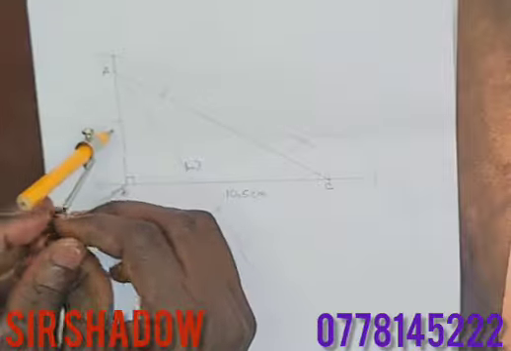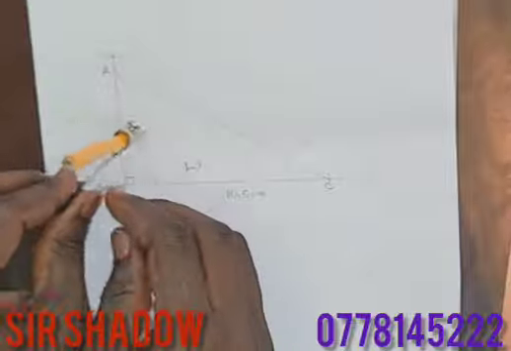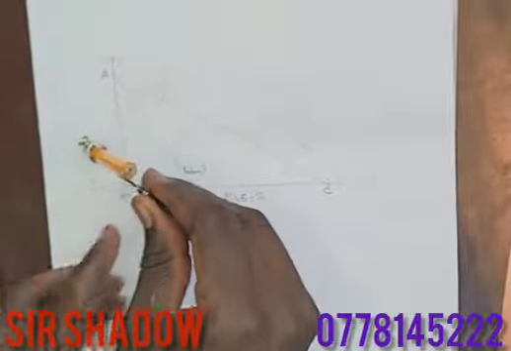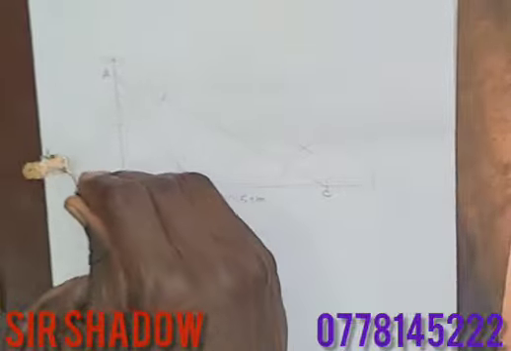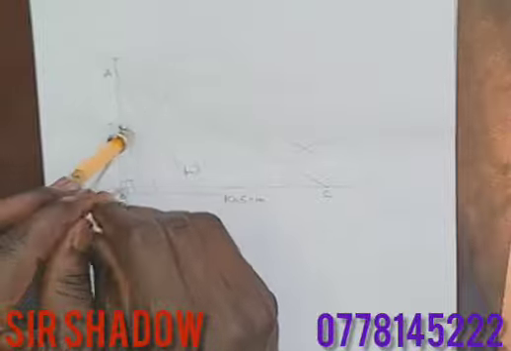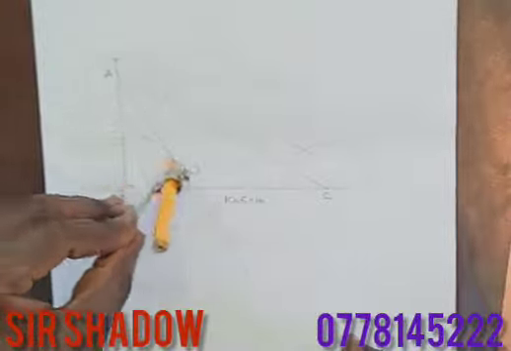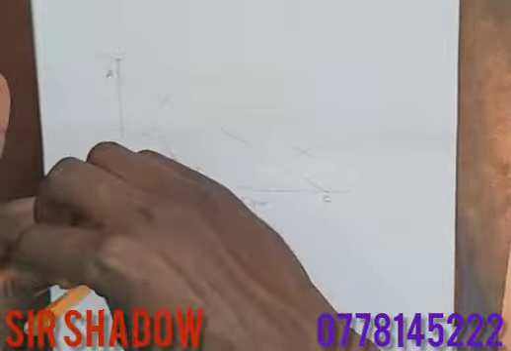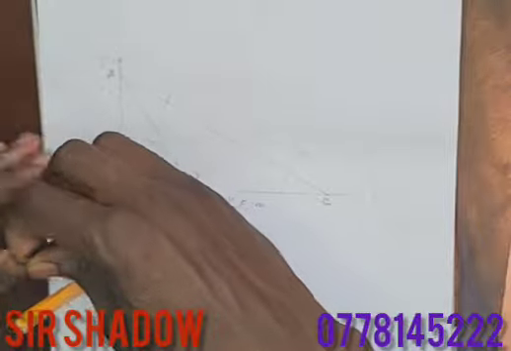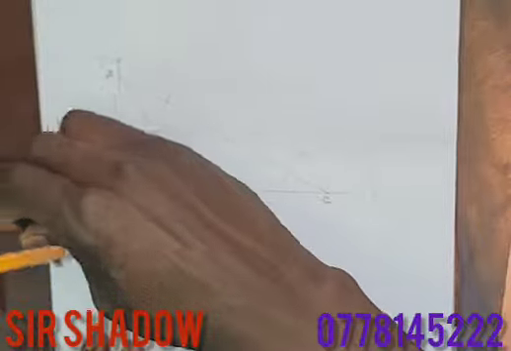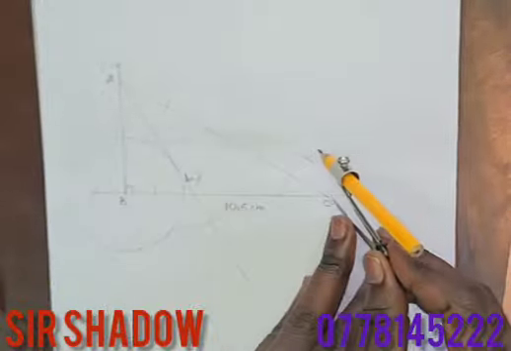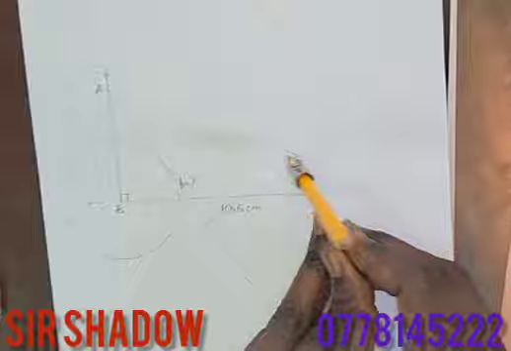No much information was added, just 3 centimeters from BC. Which is point B, and this one, which is point C.